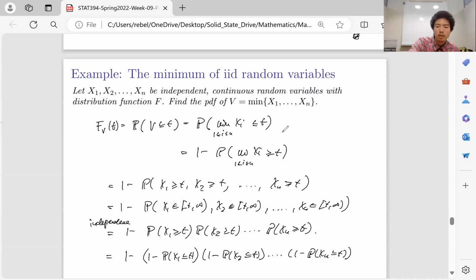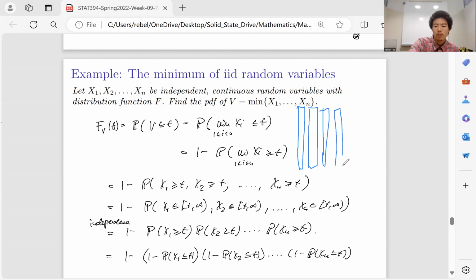So we can use a diagram to show that. For example, this is x1, this is x2, this is x3, this is x4. They are all going from 0 to 1. And they might be located in different places. For example, x1 is here, x2 is here, x3 is here, x4 is here. So what is the minimum? The minimum is this value or this value. They are very similar. So the minimum is at this point.